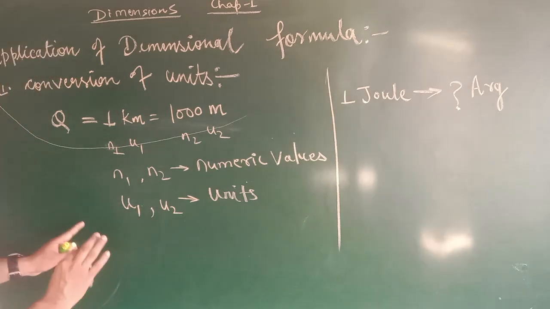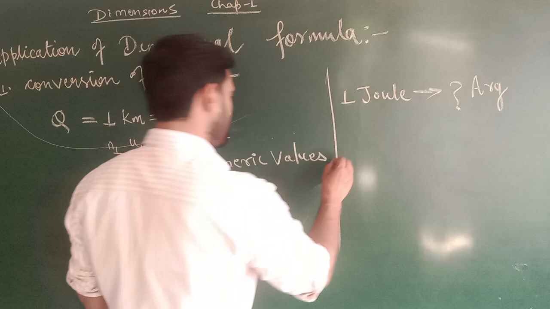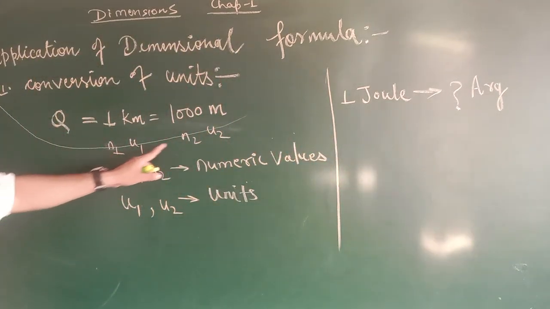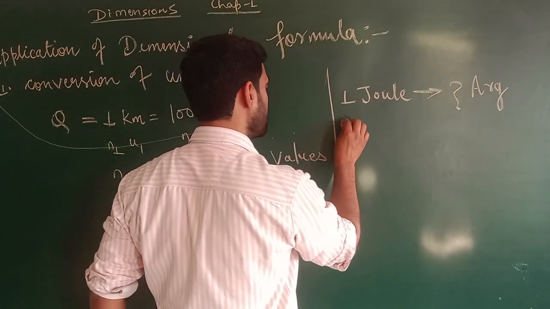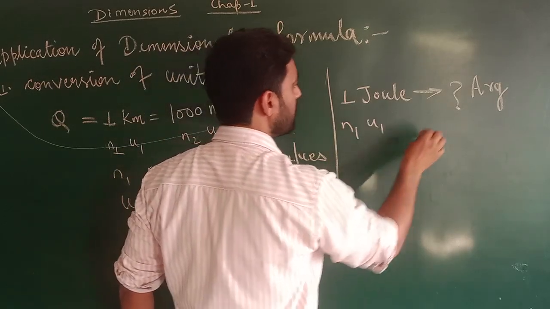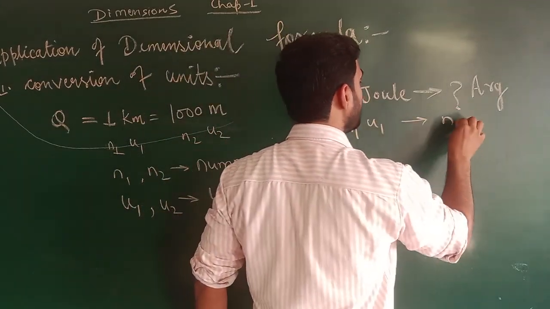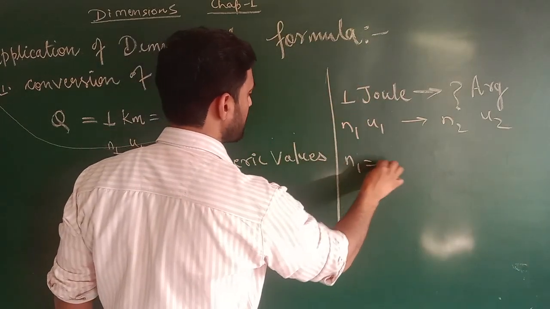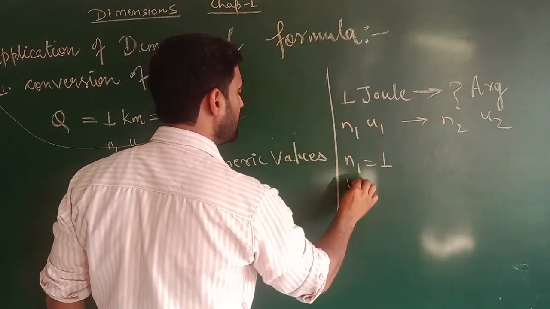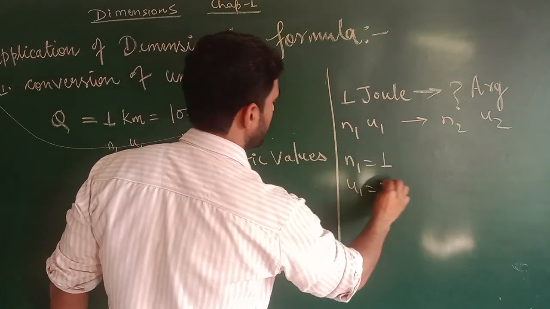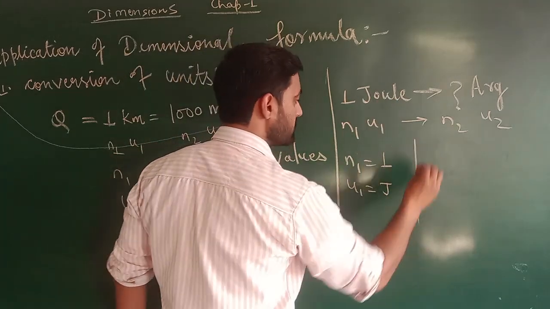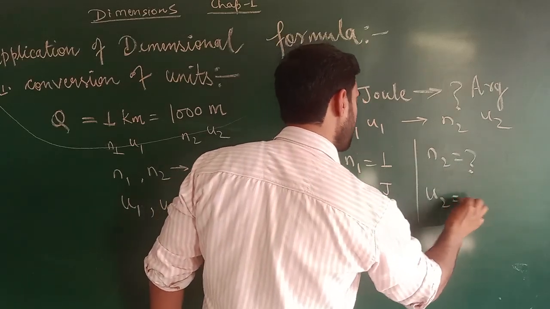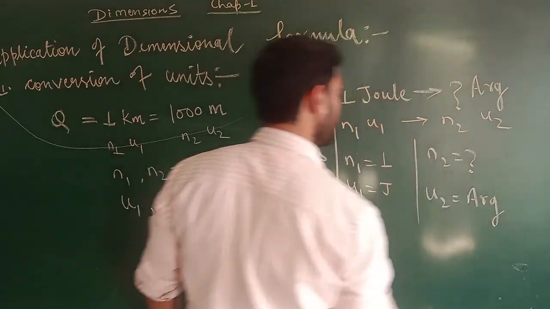If you compare this with n1, u1, n2, u2, n1 is 1 and u1 is joule, whereas n2 is unknown but u2 is erg.